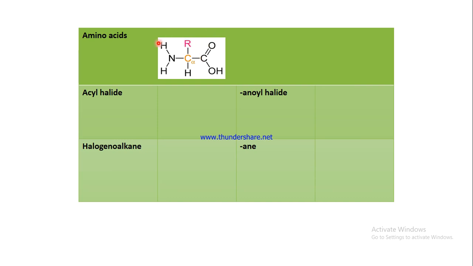So all these add up to form the amino acid functional group. And as an example, we've got here amino ethanoic acid. The amino part comes from this NH2 group, and the acid part comes from this COOH group.